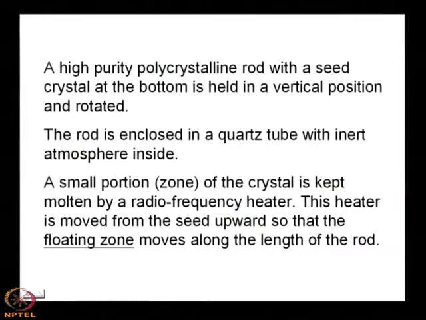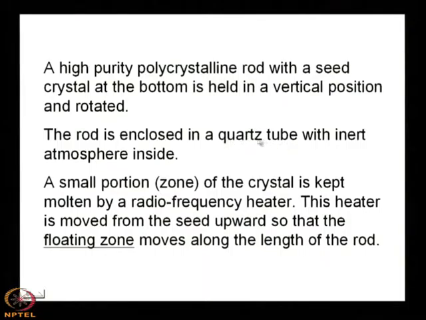Yes, to replace oxygen and to control the oxygen which comes from the crucible. Another thing is that the graphite susceptor is used and oxygen is very detrimental at high temperature, it will be oxidized and damaged. So, that is why an inert atmosphere is maintained inside the quartz tube within which the total growth system is housed.